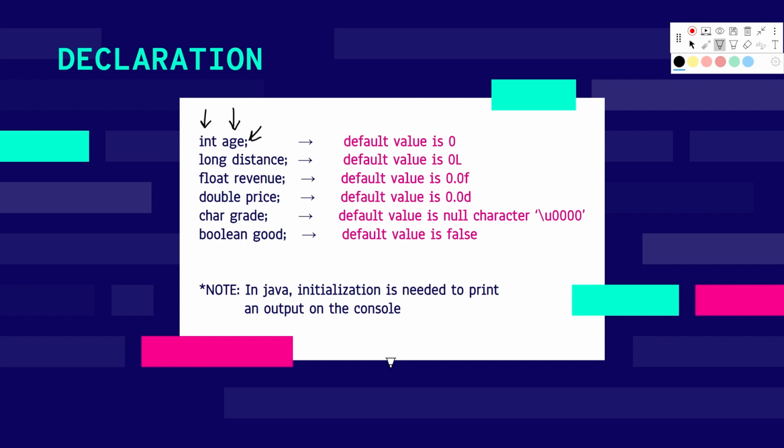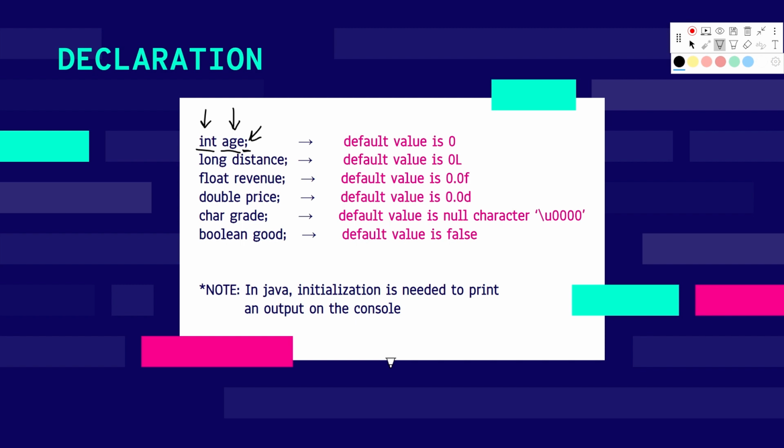That structure is the same for all the different data types. So for int, long, float, double, char, boolean, or any data type, we use the same structure.